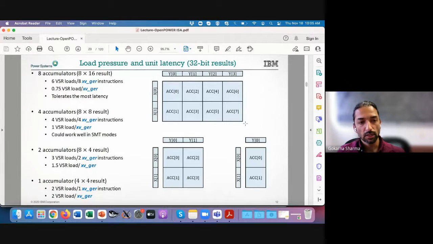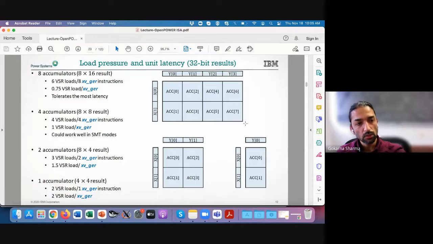Okay, and then x1, x0, y0, y1, y2, y3, you can do that. So this is how you represent. So here, using all the vector scalar registers that you have, the 32 vector scalar registers, you are representing these 8 accumulators, and then you can organize like this. You can have that result.